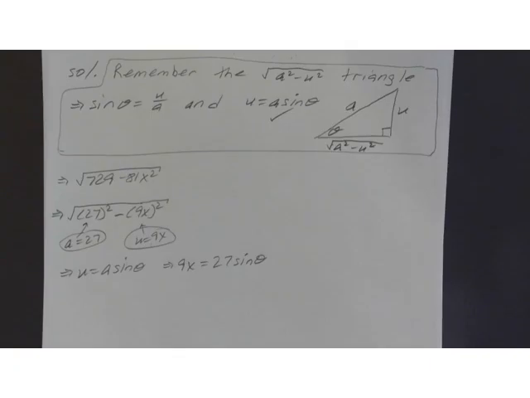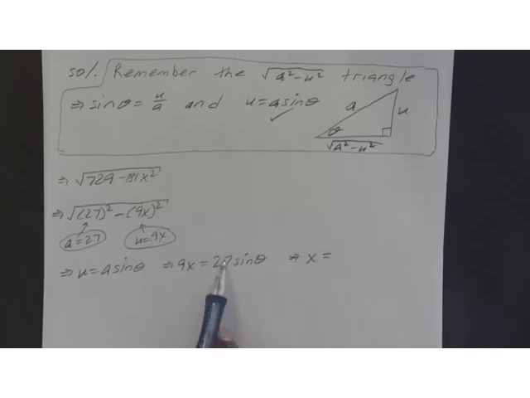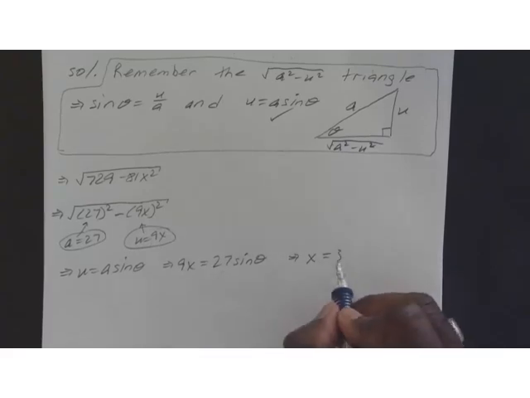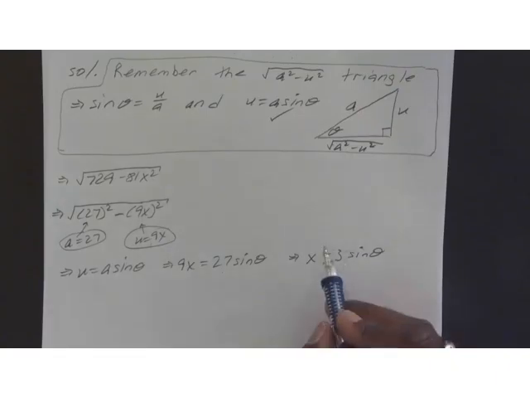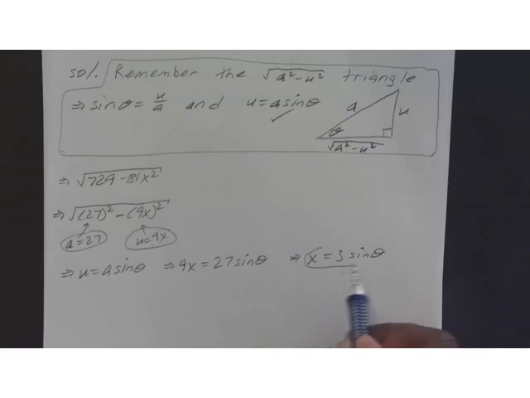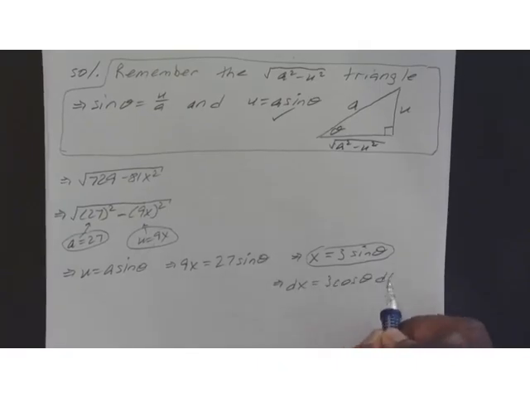If we divide both sides by 9, that gives us x is equal to 27 divided by 9, which is 3, so 3 times sine of theta. And our dx is equal to 3 times cosine of theta with respect to theta.